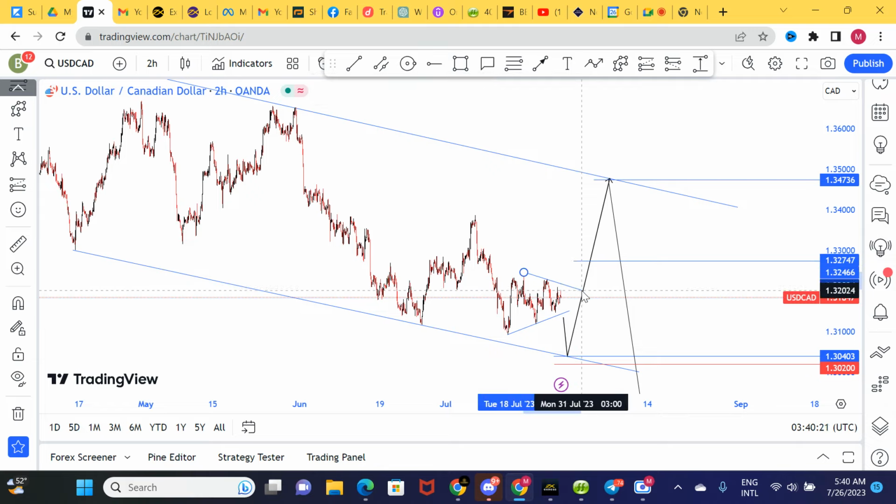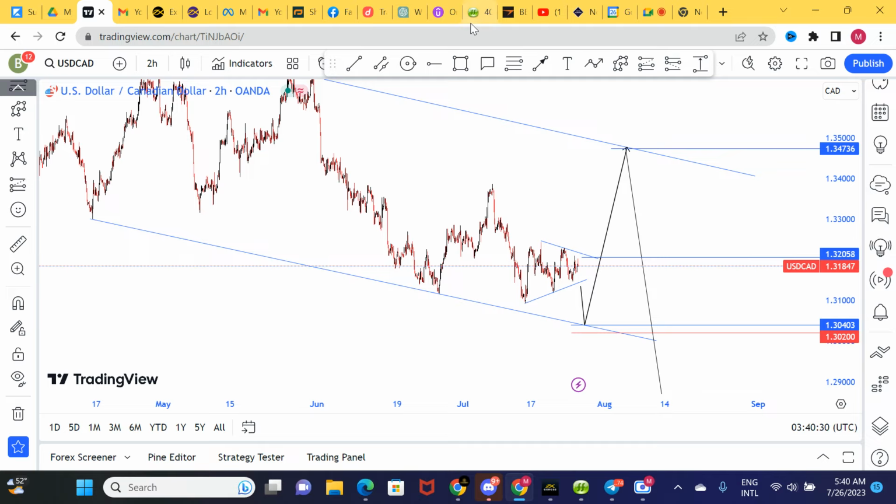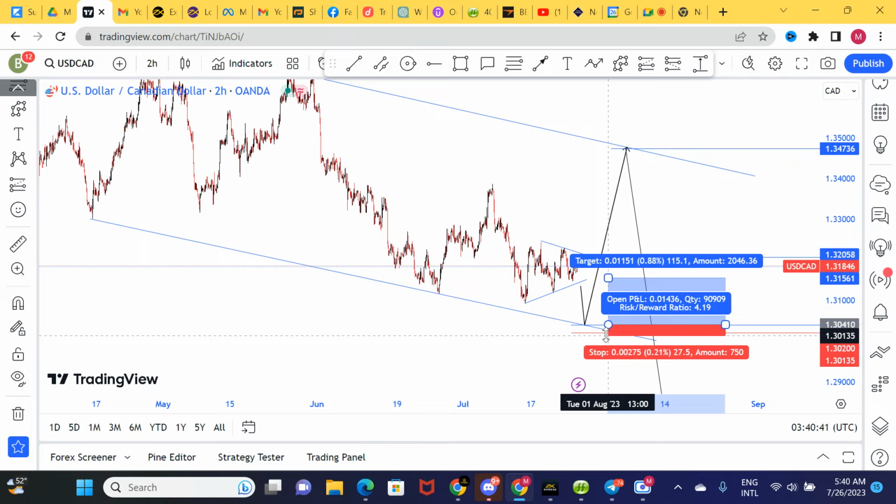So we're going to put our first take profit over there and then the second take profit there. If we enter here, is our first target 3 times what we're risking?